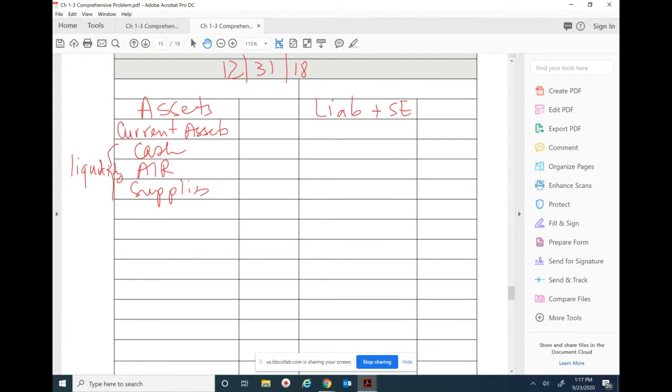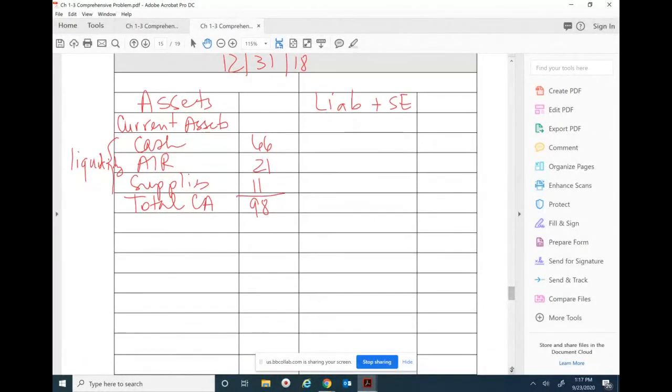So again, I'm going to go back to the adjusted trial balance and take the balances from there. So we have 66 for cash, 21 accounts receivable, and 11 for supplies. So the total current assets is the sum of the three, or 98.